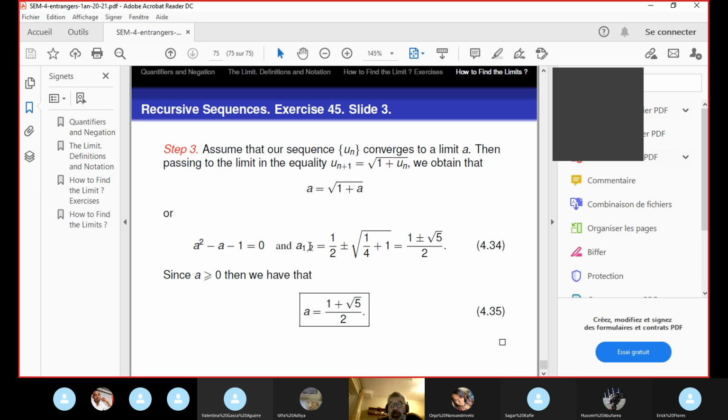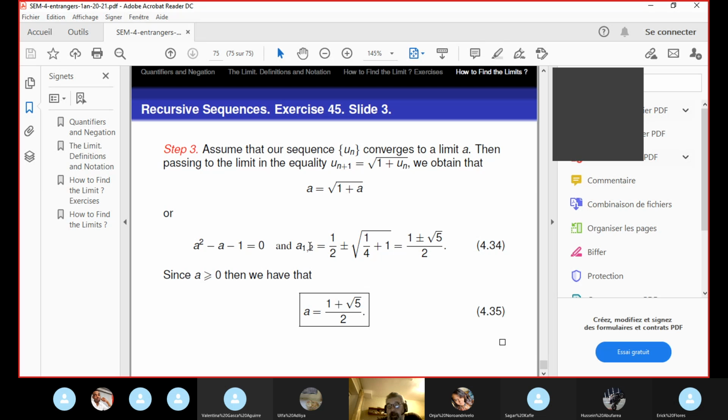Then let's pass to the limit in this relation. On the left-hand side, as n goes to infinity, I have A, and on the right-hand side, I have the square root of 1 plus A. Here, as in the previous exercise, square root of x is a continuous function, so we can interchange the function and the limit.